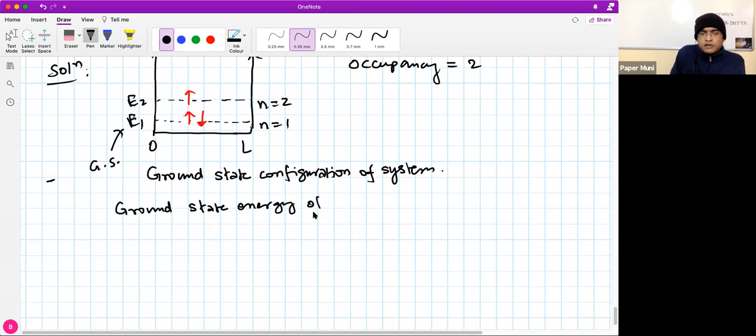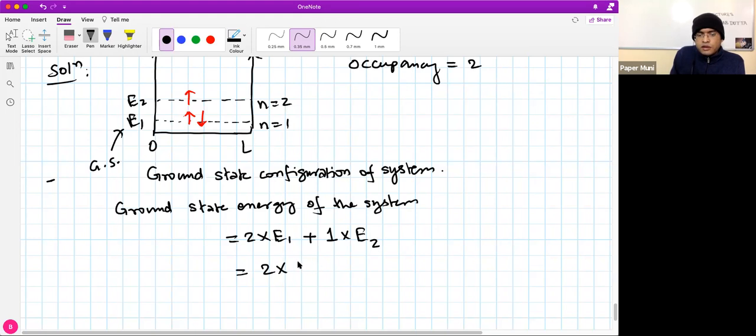Ground state energy of the system. All right, now this is 2 into, now how many electrons do we have? We have 2 in the ground state. So the energy contribution from this part is twice the ground state, 2 into E1, plus 1 electron in the first excited state. So this is the total energy of this system for the ground state configuration.